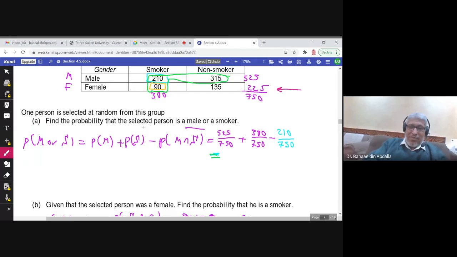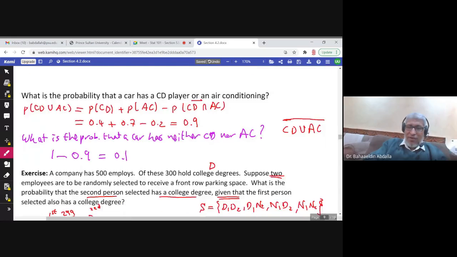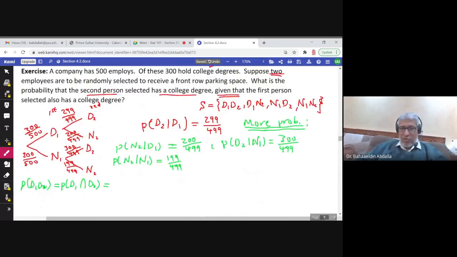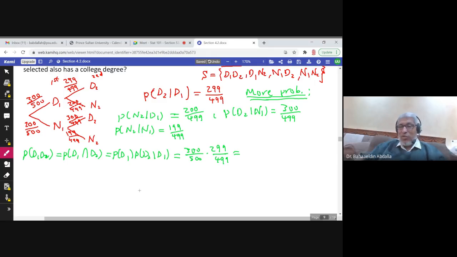So I can write the probability of D1 intersection D2 as the probability of D1 times the probability of D2 given D1. Probability of D1 is 300 over 500. Probability of D2 given D1 is 299 over 499. So this would give you the probability of D1, D2.